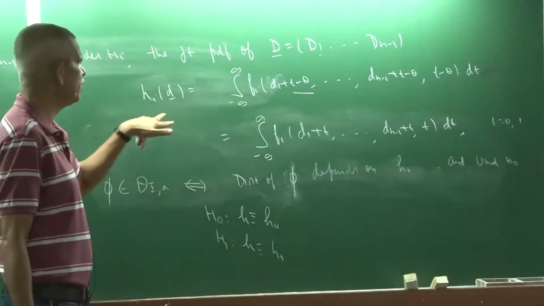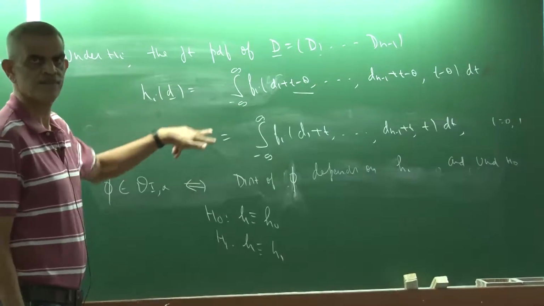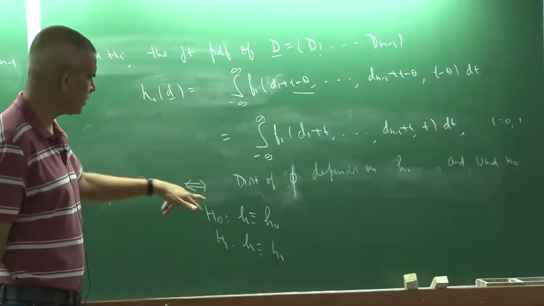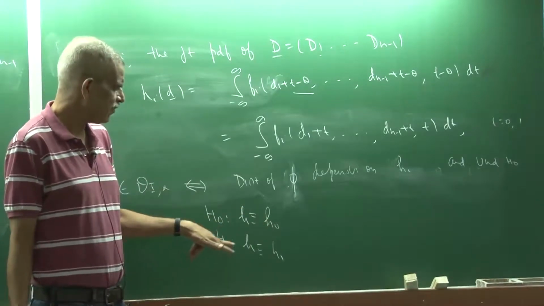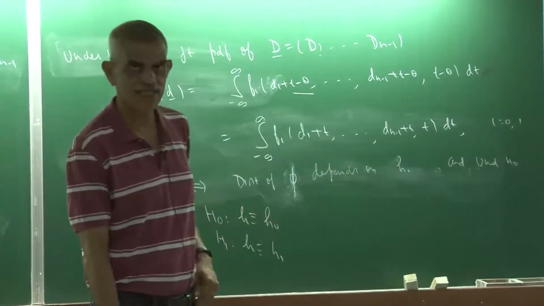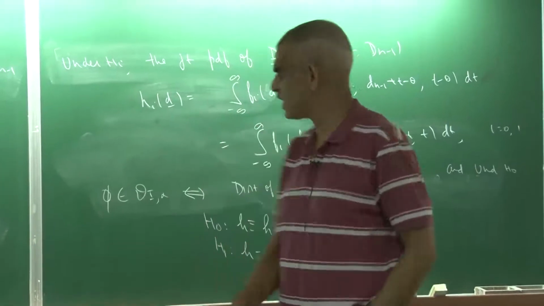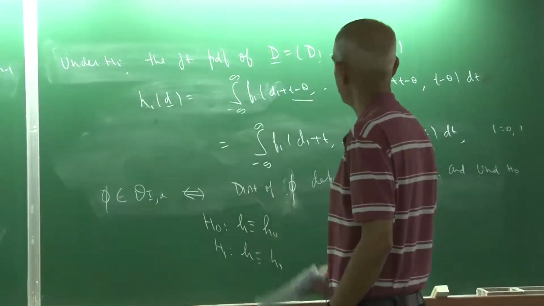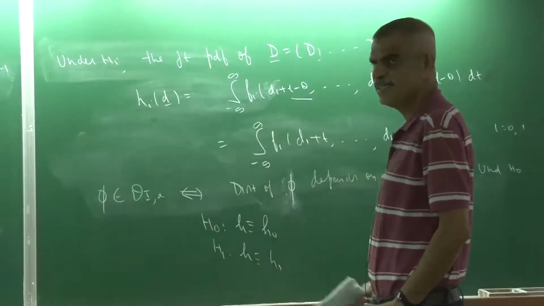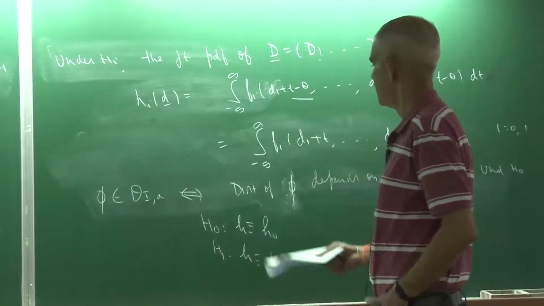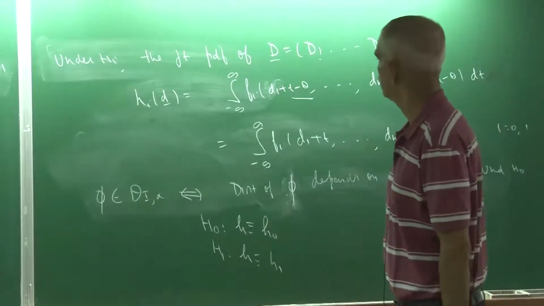F1 and F0 play the role through H1. So my null hypothesis has been transformed to that H is same as H0, and H1 is H is same as H1, because my invariant test has to be a function of d1, d2, d(n-1). The distribution of d1, d2, d(n-1) depends on Fi only through Hi. So my H0 star gets converted to this.